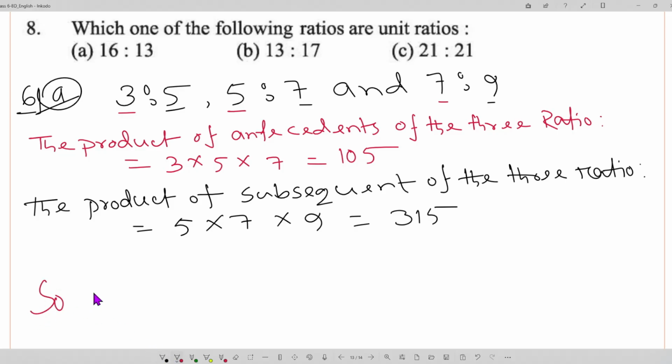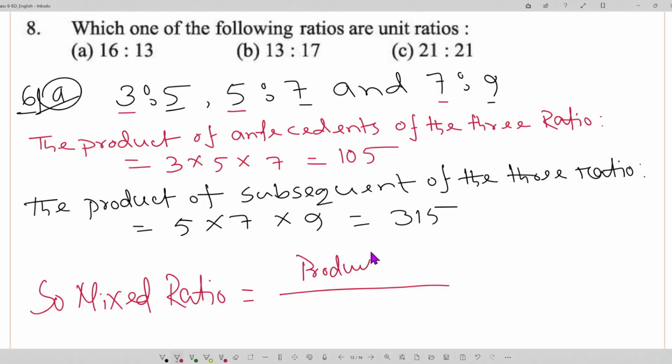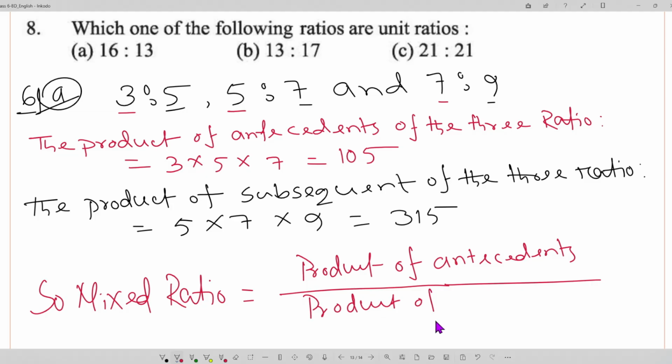So mixed ratio equals product of antecedents divided by product of subsequents, right?